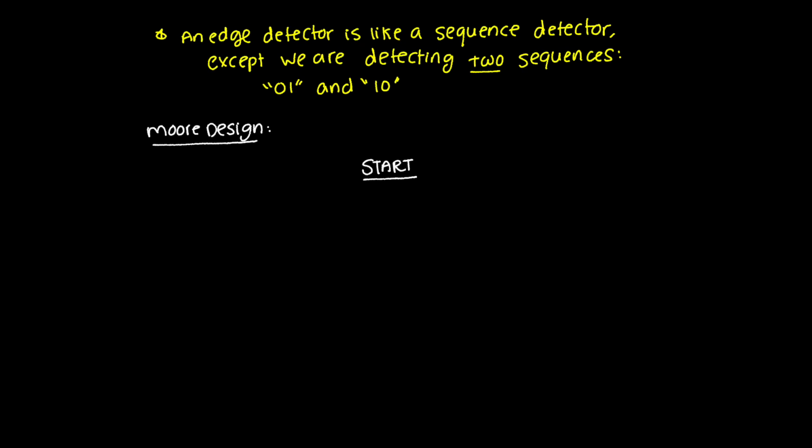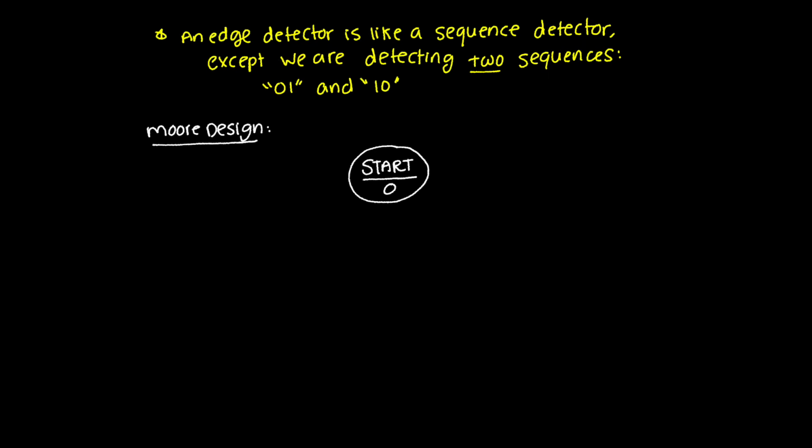And unless I have detected one of the two sequences that I am looking for, my output is always going to be 0. Like a sequence detector, I'm going to output high when either 0, 1 or 1, 0 has been detected. In all other cases, I am going to output a 0. So the state machine looks like this. I have a start state, again, outputting 0.